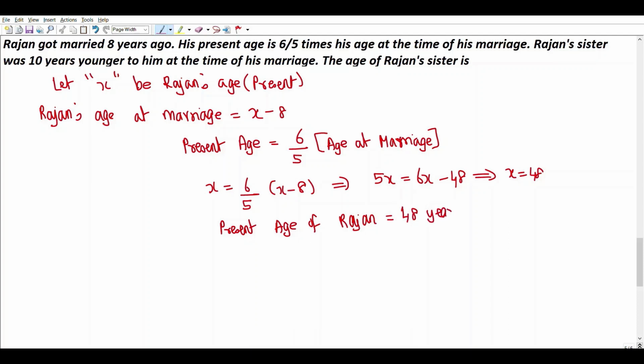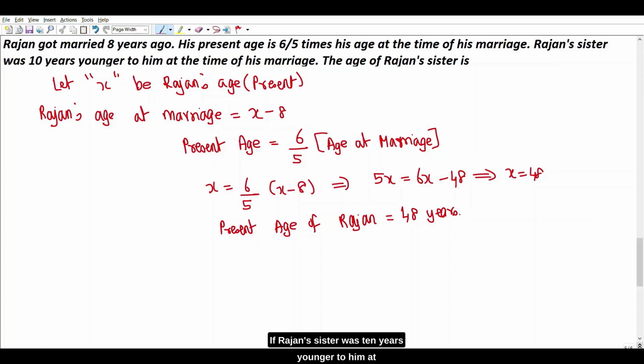48 years. They want to find the age of Rajan's sister. It has been given in the question that Rajan's sister was 10 years younger to him at the time of his marriage. So we know that the age gap between two people does not change irrespective of either past or future or present.